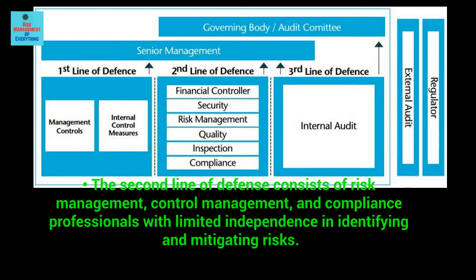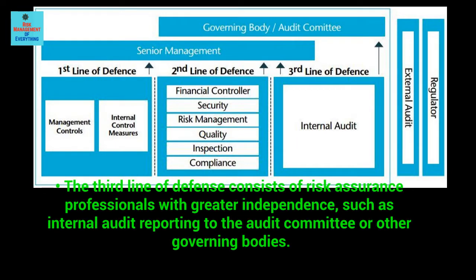The second line of defense consists of risk management, control management, and compliance professionals with limited independence in identifying and mitigating risks. The third line of defense consists of risk assurance professionals with greater independence, such as internal audit reporting to the audit committee or other governing bodies.